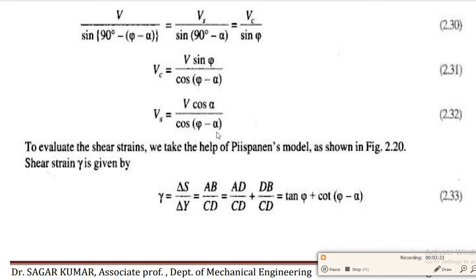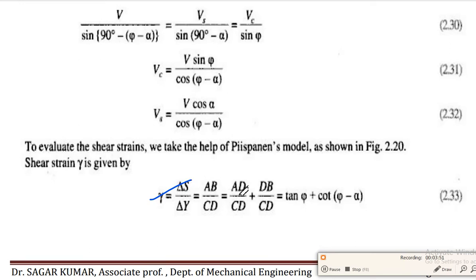Now, to evaluate the shear strain, we take the help of the Piispanen model that was studied in the previous classes also. From there we find the shear strain gamma is given by delta s by delta y, from the triangle, where delta s is AB and delta y is CD.